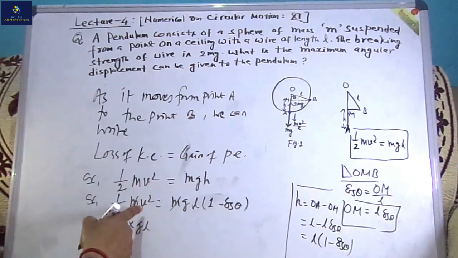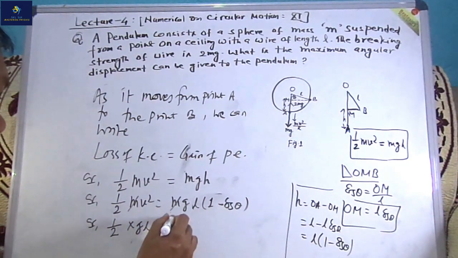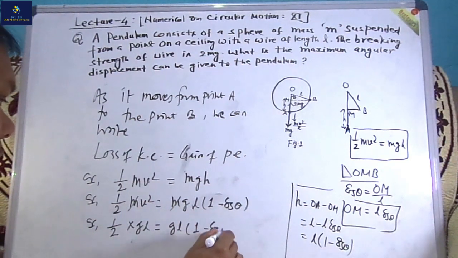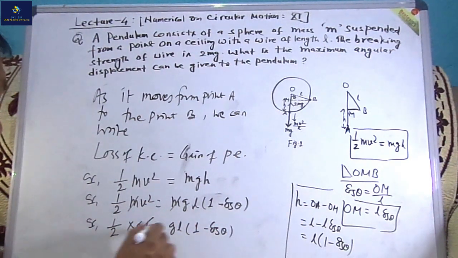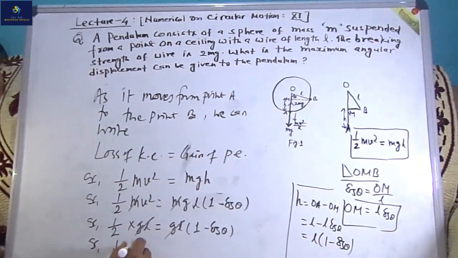We have already determined the value of V square. The expression of V square is GL, and on the right hand side again it is GL times 1 minus cos theta. Now this GL can be cancelled with this GL, so half is equal to 1 minus cos theta.